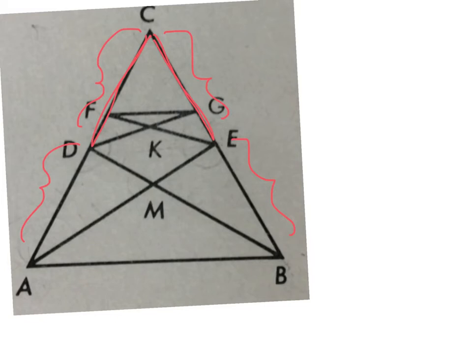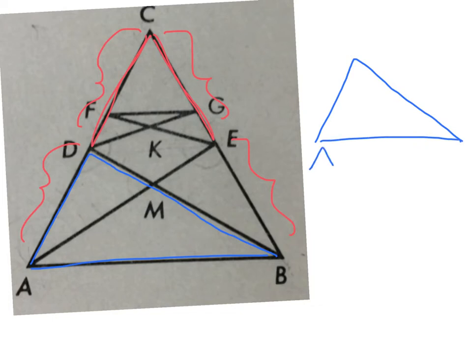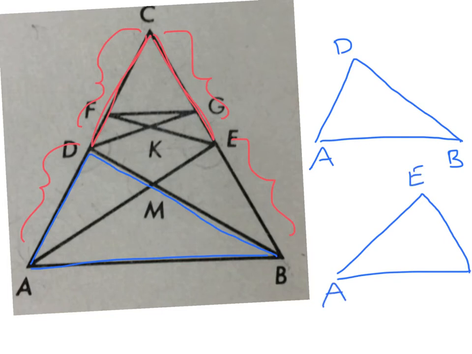So let's start by looking at this big bottom triangle down here, ADB. If I look at triangle ADB, here's A, here's D, here's B, and then I look at the triangle I want to prove it congruent with, which would be A, E, B. I can show that side AD is equal to side EB.